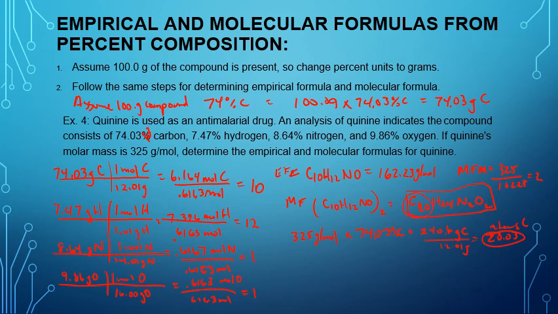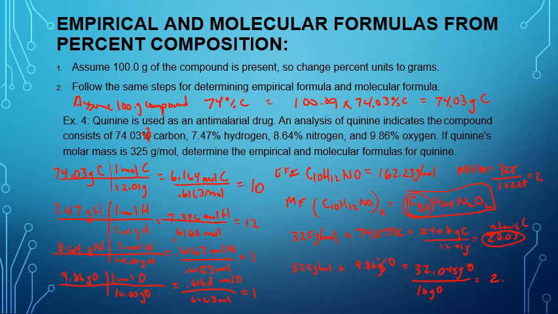If I would do the same thing for, say, oxygen, 325 for my grams per mole, and I multiply that times 0.0986 for the percentage of oxygen, that would tell us that we had 32.045 grams of oxygen. If I now divide that by 16 for my grams of oxygen per mole, that would give me 2 for my number of oxygen atoms.